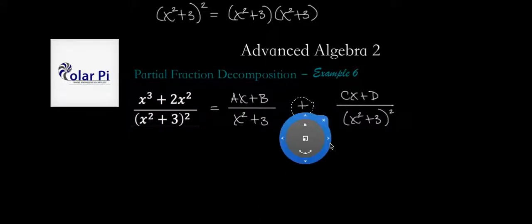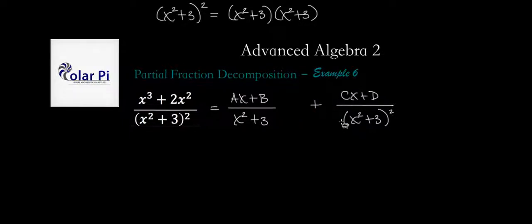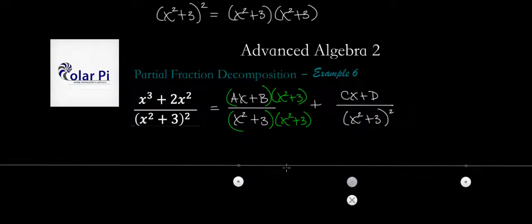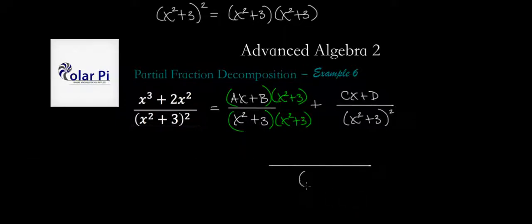Multiply here by x squared plus 3, which means I have to multiply here also by x squared plus 3. Now we have common denominators, and so we can write one denominator, and that one denominator is x squared plus 3 all squared.